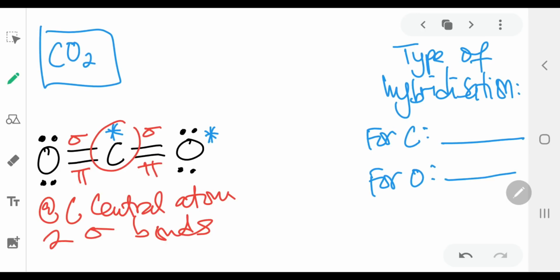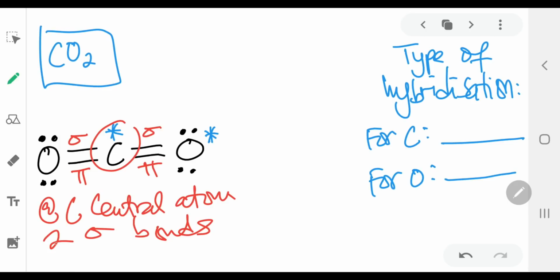Pi bonds are not included in your hybridizations. The formation of pi bonds involves pure p orbitals. So those 2 pi bonds are not going to be considered in the determination of hybridization type for carbon.